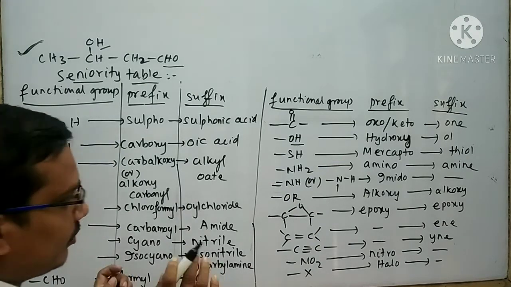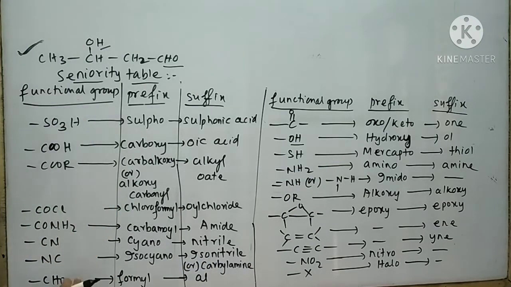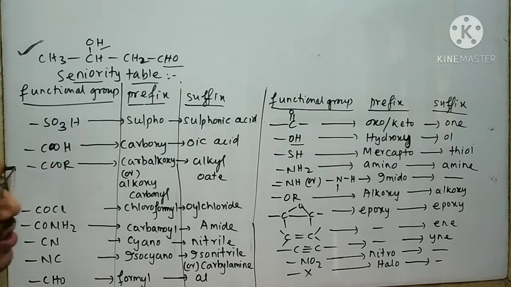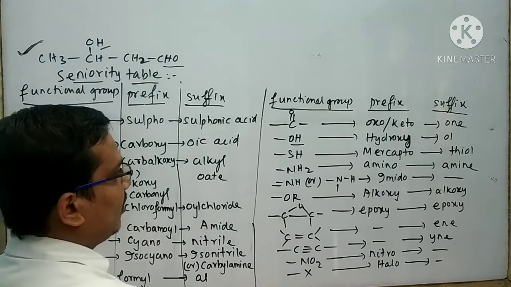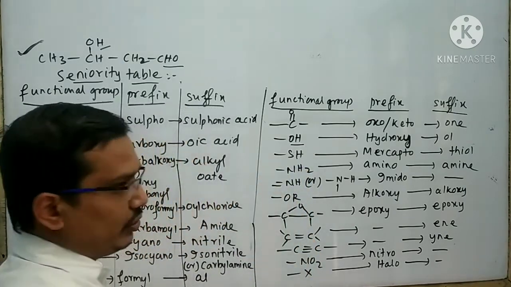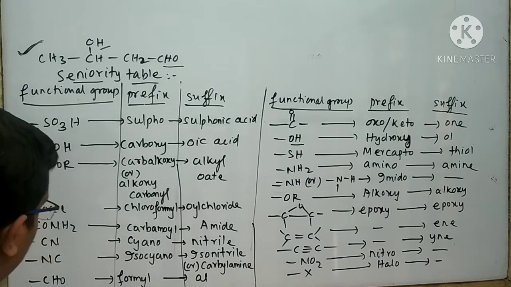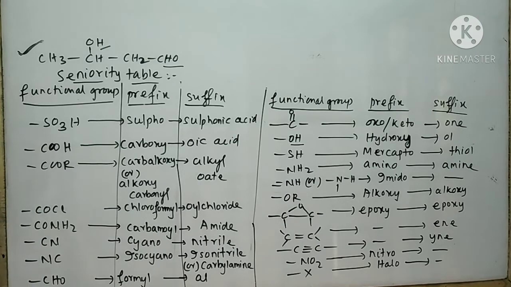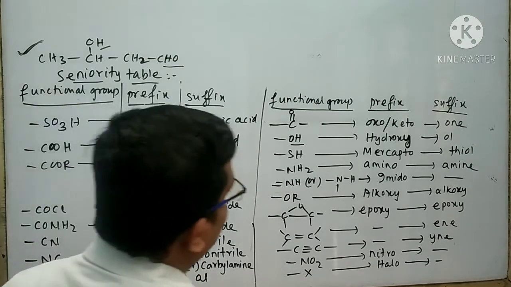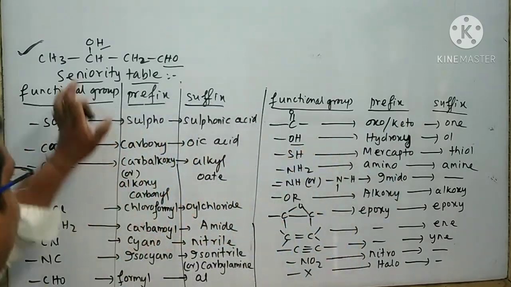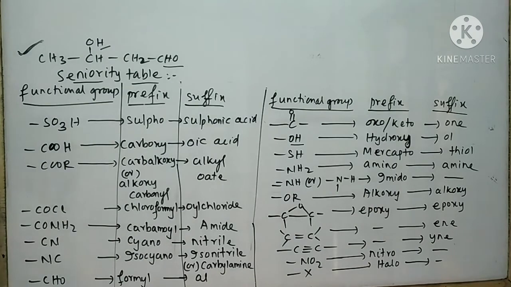So, according to this rule, -CHO is used as the principal functional group and -OH is used as the secondary functional group. So, according to the rule, it is necessary to use the suffix of -CHO and the prefix of -OH for the naming of this organic compound.